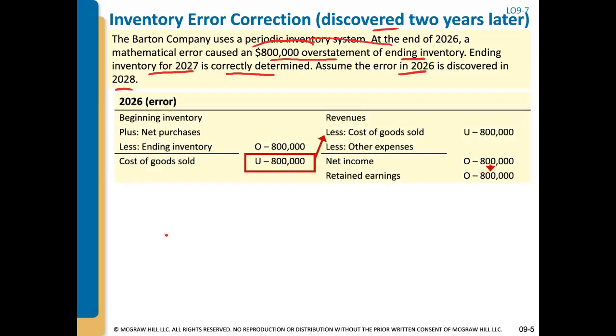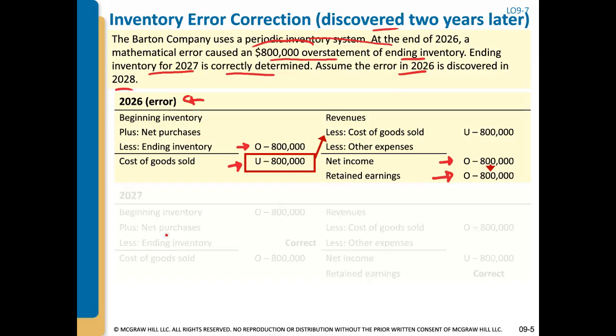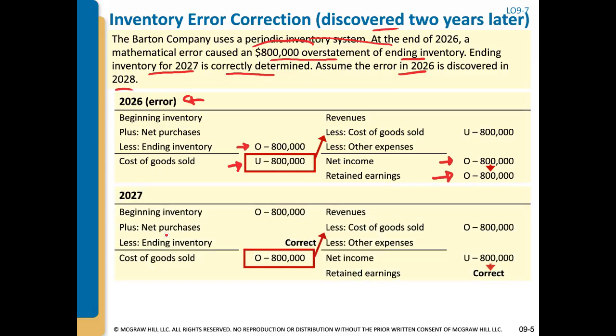So again, same thing, in 2026, this is what we're looking at right here. Our ending inventory was overstated, which means our cost of goods sold was understated, which made our net income overstated and our retained earnings overstated. Okay, we went through that. Let's take it now for 2027.